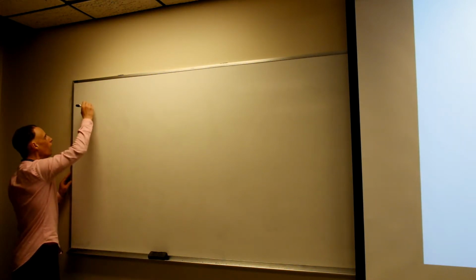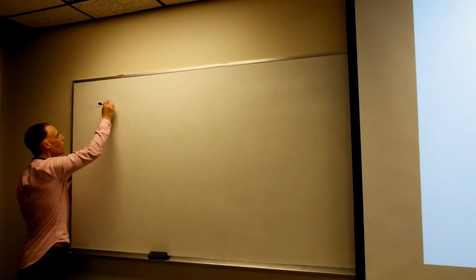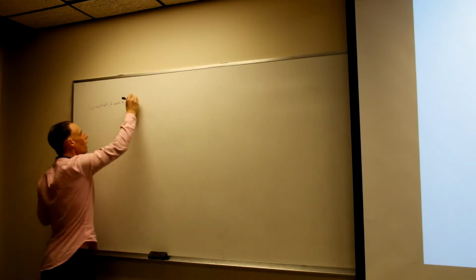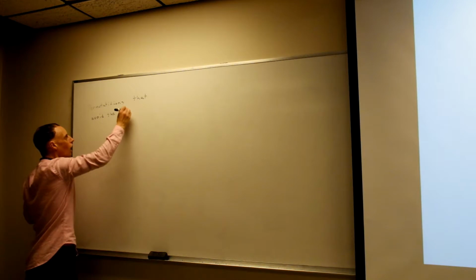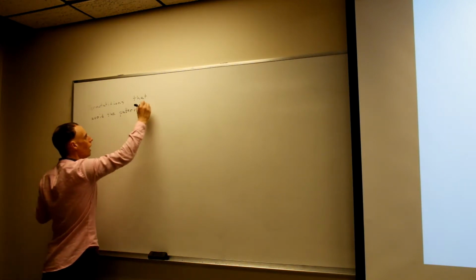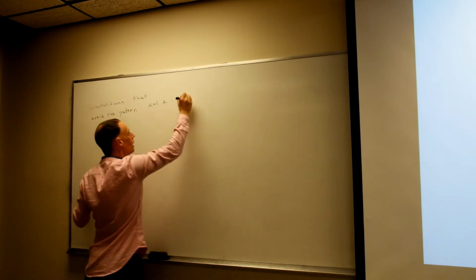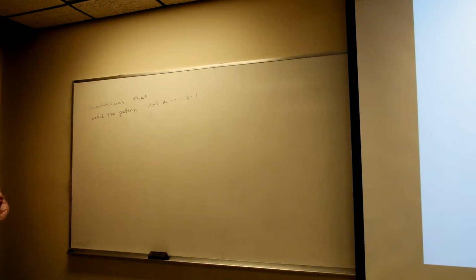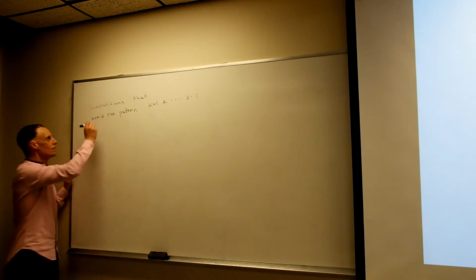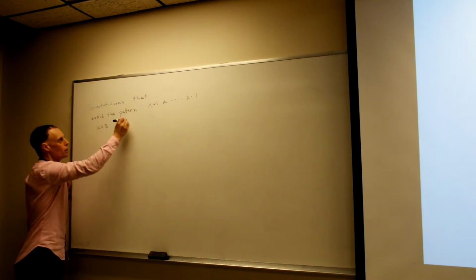So permutations that avoid the pattern k plus 1, k, down to 2 and 1. And in my pictures, k is always going to be 3. So I'll always avoid the pattern 4, 3, 2, 1.